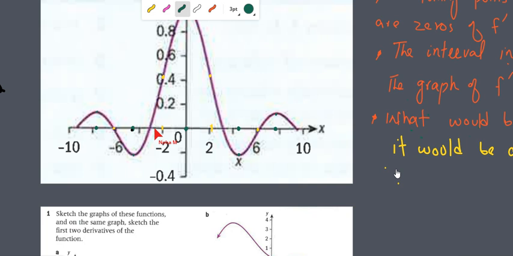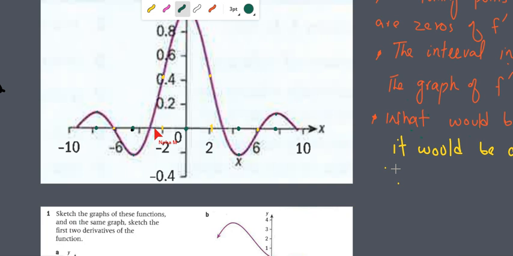So let's see now. From this turning point to this point of inflection, the function is decreasing, right? From this green point to this yellow point, the function is decreasing. Is it clear?